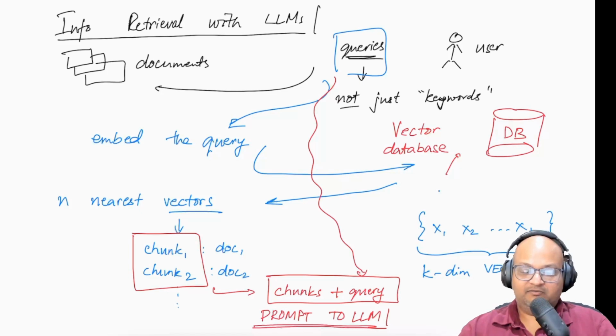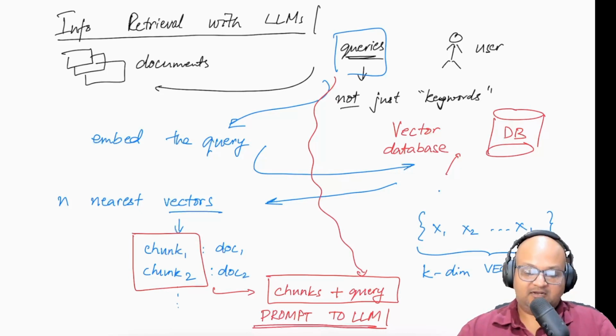And so what you've got at the end of this whole process is chunks of text that are semantically close to the query you were asking, along with your query. And that's what you're asking an LLM to analyze and give you back an answer for.